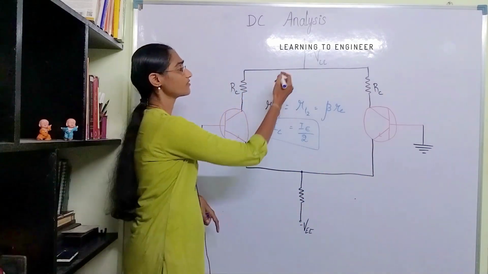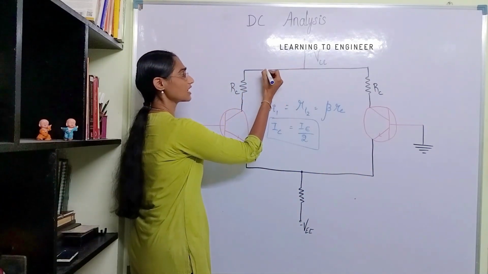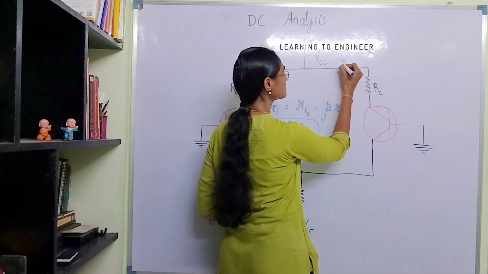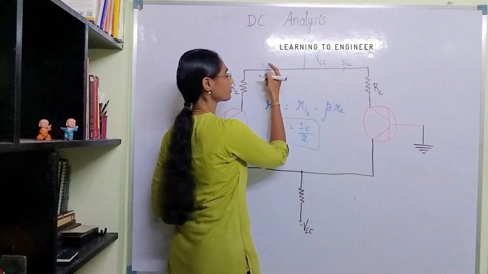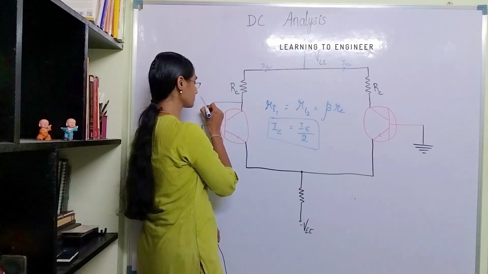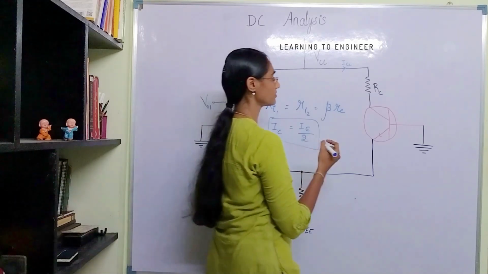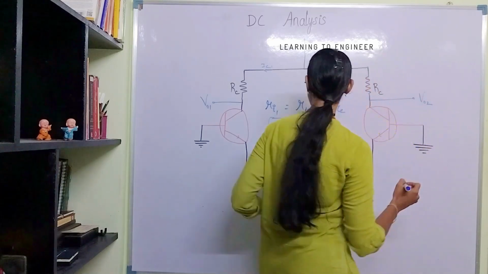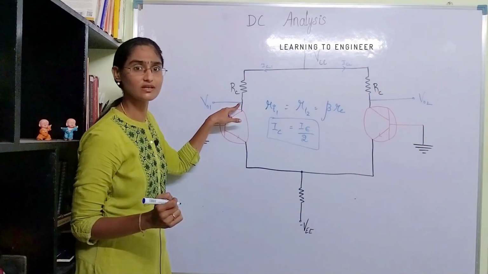Okay, so when we are applying a voltage, a collector current IC flows here, IC1 and IC2, both of them flow here, right? So we are taking the output from this terminal. This is VO1 and this is the second output VO2. So what is the voltage at this terminal?